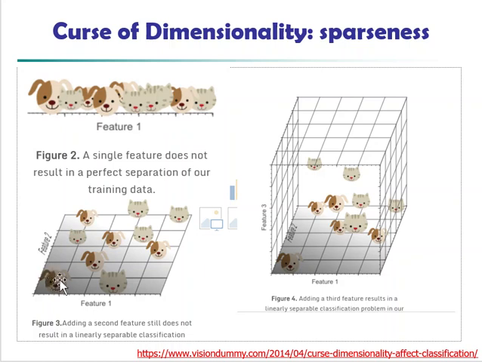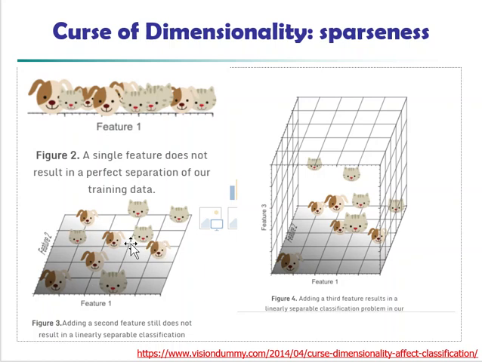Now the training examples occupy this two-dimensional space. This is the smallest value for feature 1, here is the largest value for feature 1, and this dimension shows the range for feature 2. So we have a larger space and the same number of training examples.